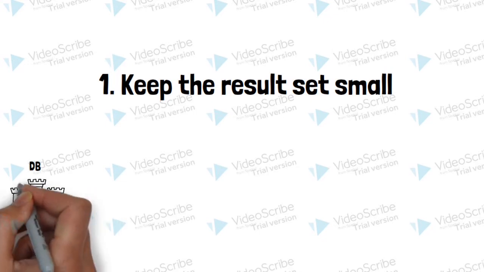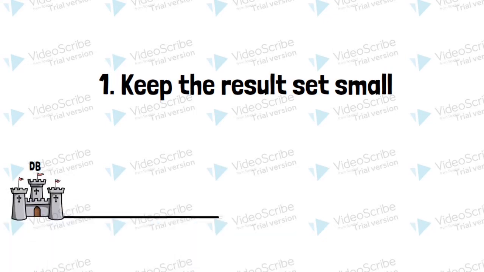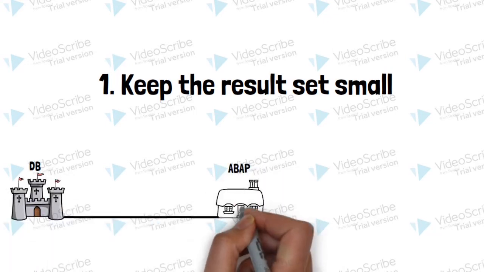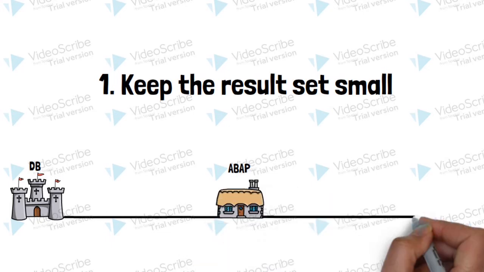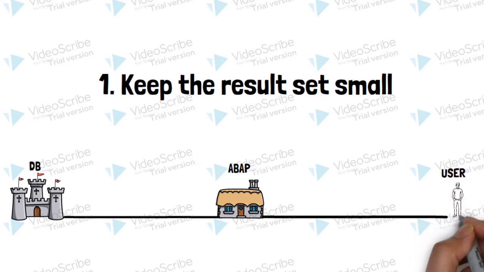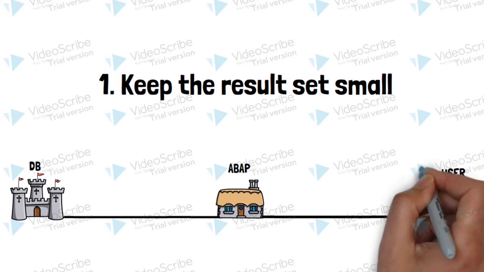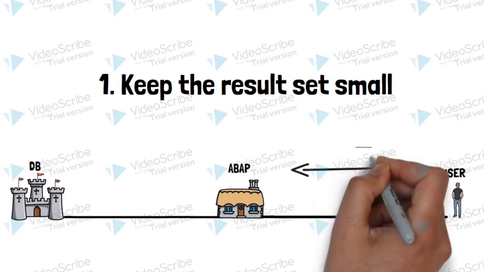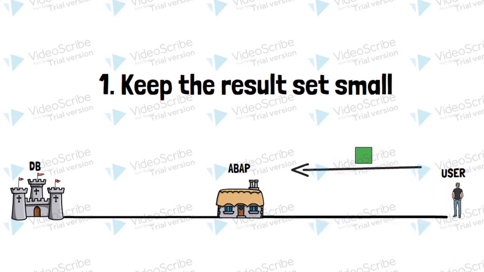Let's assume we have a database server, application server, and the end user. The user is running ABAP program and waiting for the result. Imagine that the program was written by a developer who missed this video and didn't follow the golden rules. He didn't take care about making specific where clause in select statements.